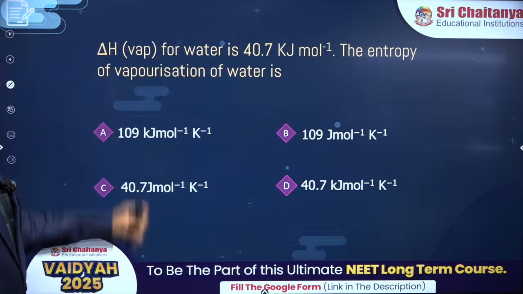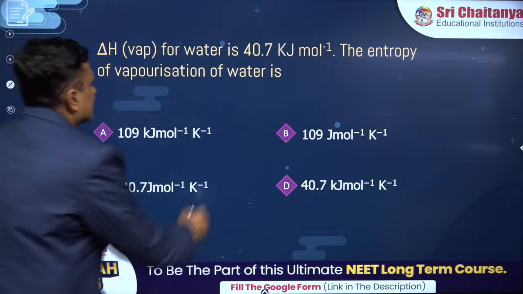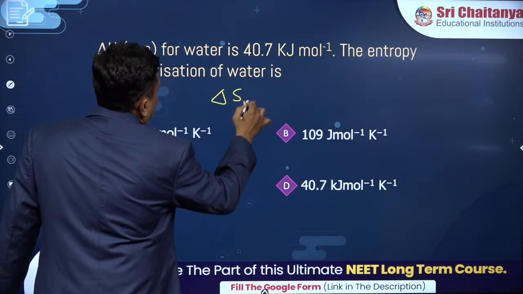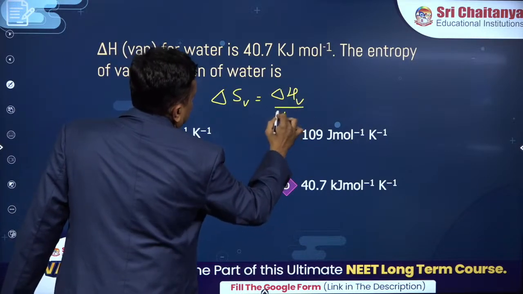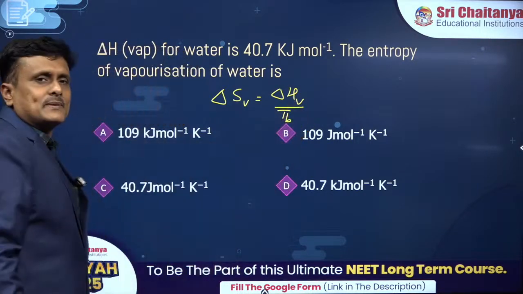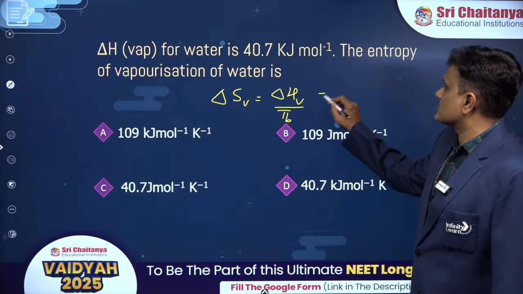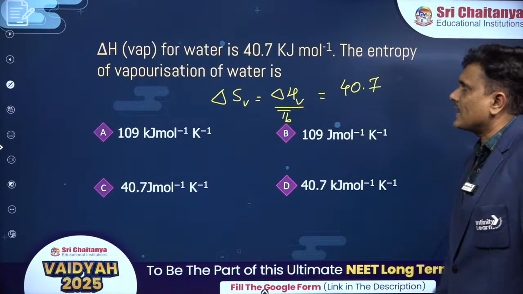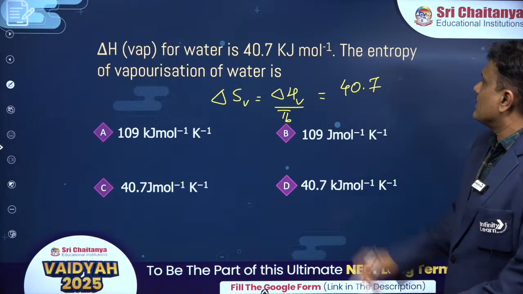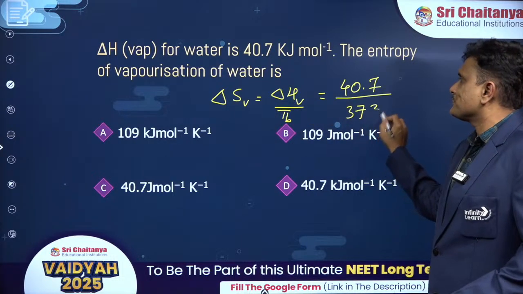And you can see delta H of water is given as 40.7, entropy of vaporization. Remember, delta S of vaporization is equal to Q, that is nothing but enthalpy change at vaporization, divided by the temperature, which is the boiling point. So you must write this as 40.7, enthalpy of vaporization, and entropy is divided by 373.